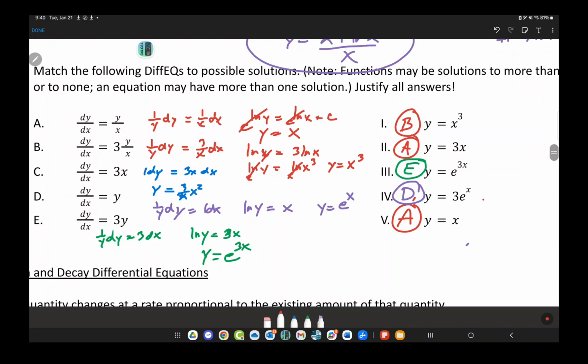It's basically saying what type of function it is. So since A, we got linear functions, 2 and 5 are linear functions. B, we got a cubic function, so 1 is a cubic function. Which means if I had y equals 2x cubed, that would also be a possible solution.